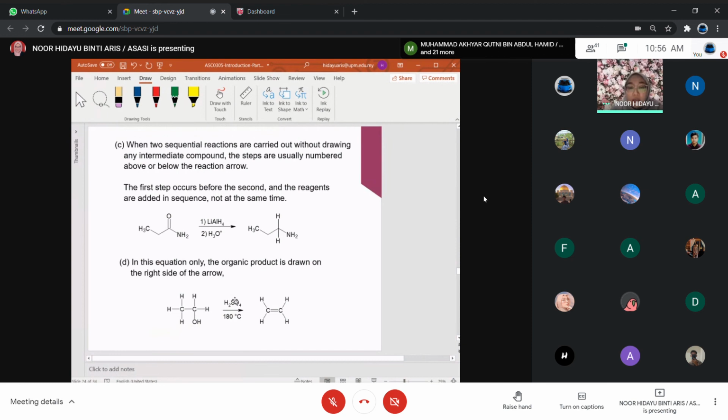Next, when two sequential reactions are carried out without drawing any intermediate compound, the steps are usually numbered above or below the reaction arrow.